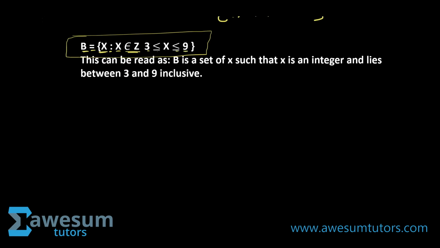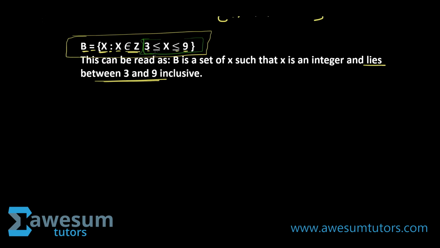Which you can also say it lies between 3 and 9 inclusive. How do we come about that? Let me take some few minutes to explain how you interpret this expression right here.